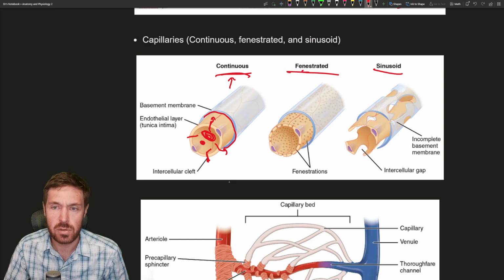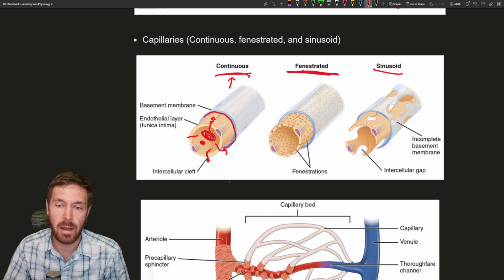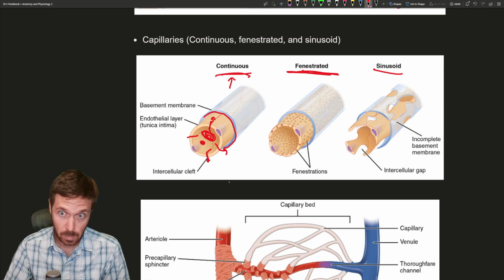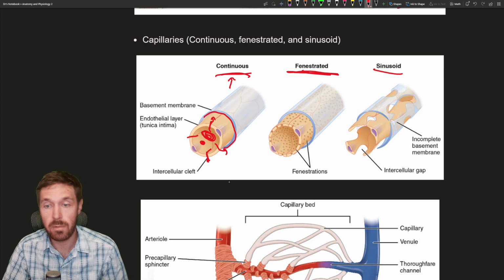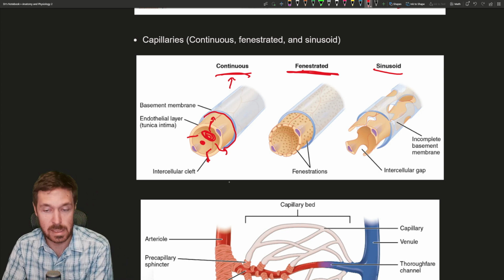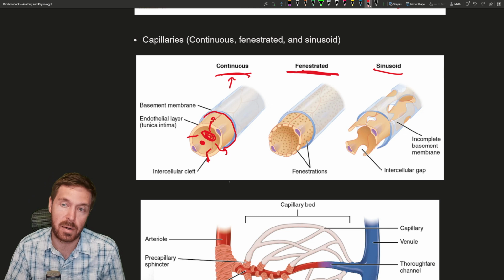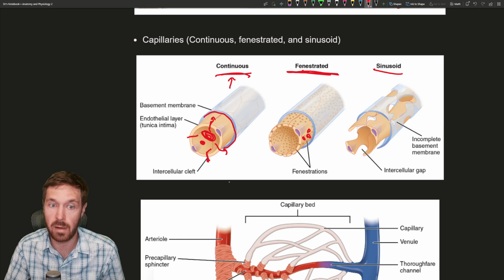And next up, we get fenestrated capillaries. These are found in areas where filtration is more common, so areas like the small intestines and so forth. Also your kidneys, where you have a lot of filtration happening. These are called fenestrated capillaries, and they get their name because they have these Swiss cheese-like pores within the cells of the endothelial layer, and they're called fenestrations.